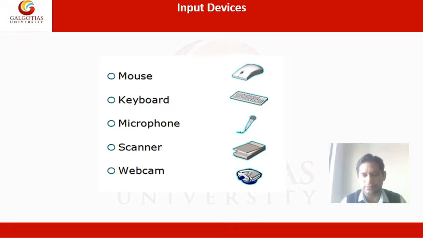Scanners we use to convert an image into digital form so that we can store certificates or images in our computer systems. The microphone is the mic which we use to speak, and whatever we speak is converted into digital form and stored in the computer system. So these are the basic input devices.